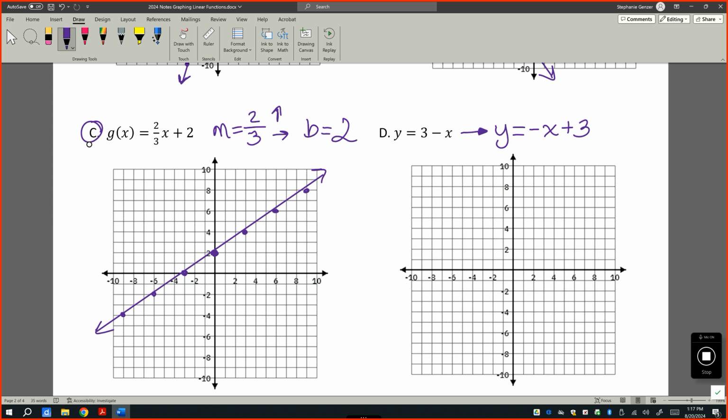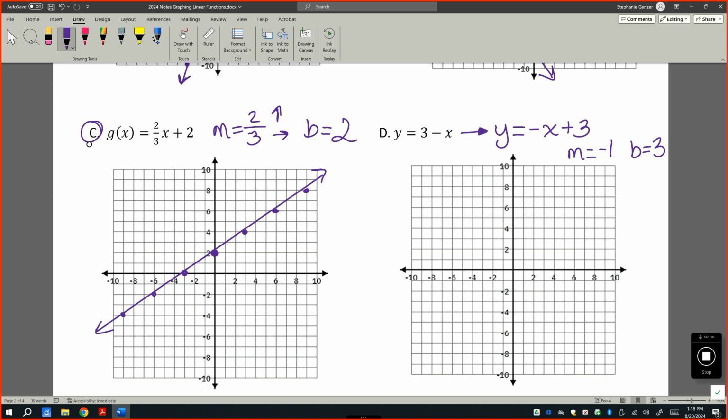So we might need to rearrange terms a little bit. m in this case would be negative 1. We've got a little bit of invisible math, right? You don't see a number in front of that x, it's a 1, and the negative would be negative 1, and our b would be 3.